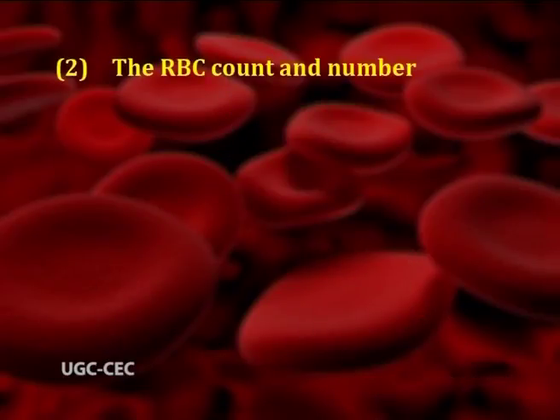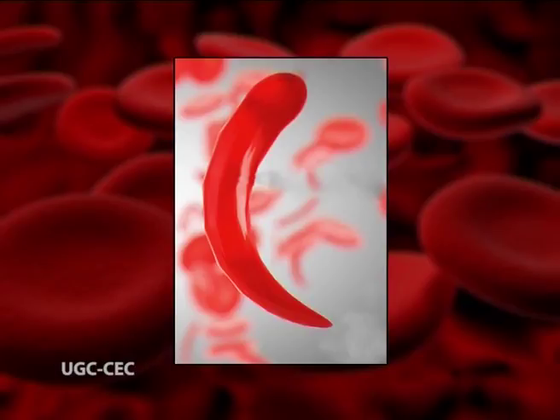Second is the RBC count and number. The size and the number of the RBCs also affect the ESR. The cells which show alteration in size, like spherocytes and sickle cells, usually do not exhibit increased rate unless there is severe anemia. Increased red cell mass retards the sedimentation rate, for example in polycythemia.